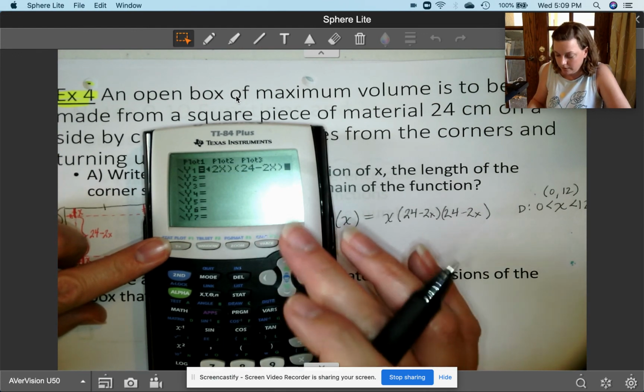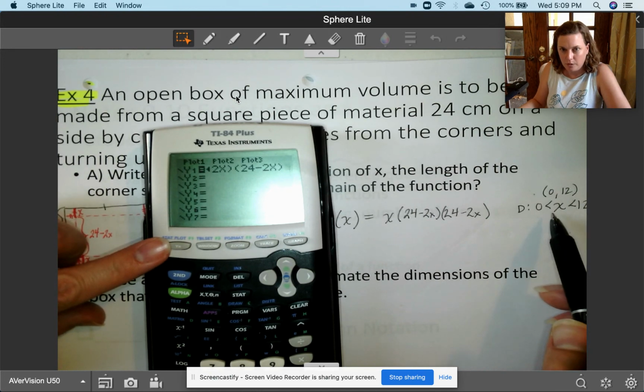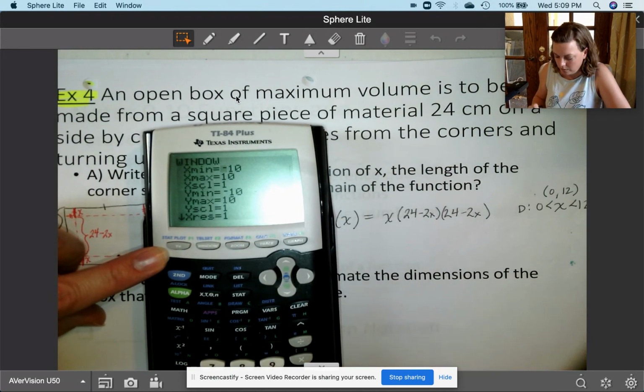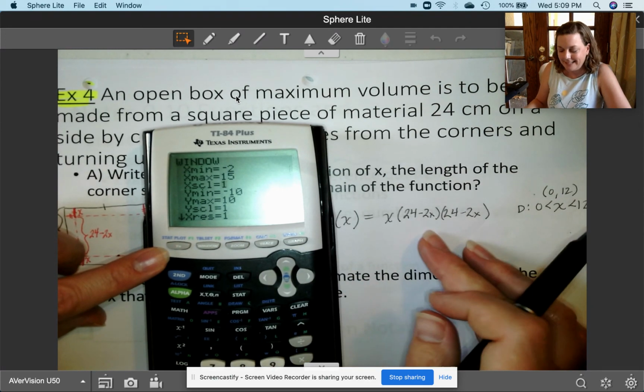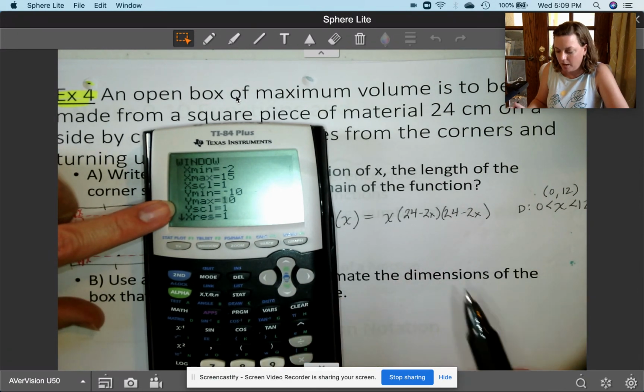And that was interesting. How we already talked about the domain needing to be between 0 and 12, I'm going to change my window. I'm going to say like -2 to maybe like 15. And the volume's going to be fairly big. I'm going to make my y maximum a lot bigger. I'm just going to guess.